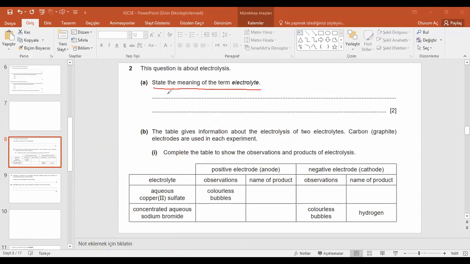So guys, electrolyte is a molten or aqueous ionic compound that undergoes electrolysis. Okay, so that undergoes electrolysis.